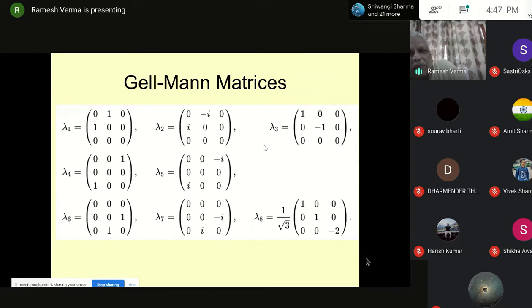See that, here it is. The operator is 1, 1, minus 2. That is lambda 8. So lambda 1, lambda 2, lambda 4, lambda 5, lambda 6, lambda 7 have non-zero off-diagonal elements.